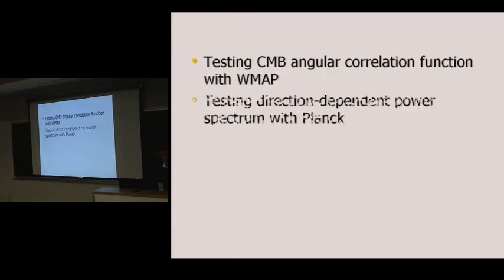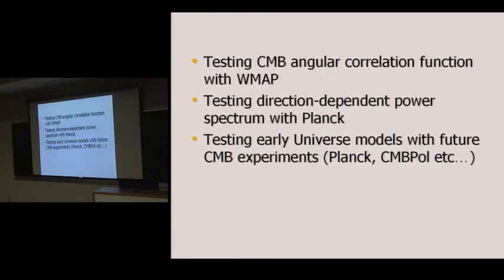Okay, so I want to separate this problem of testing CMB anisotropy into three different problems. The first one is to test the CMB angular correlation function, which is very often discussed in the recent literature. The second is that we can also test the direction-dependent power spectrum directly.